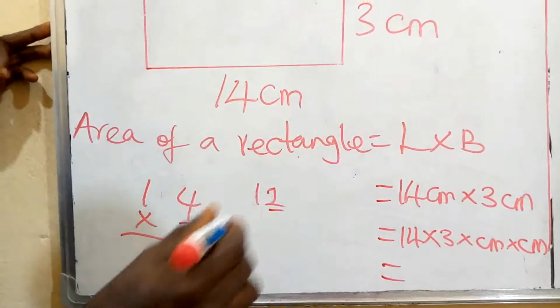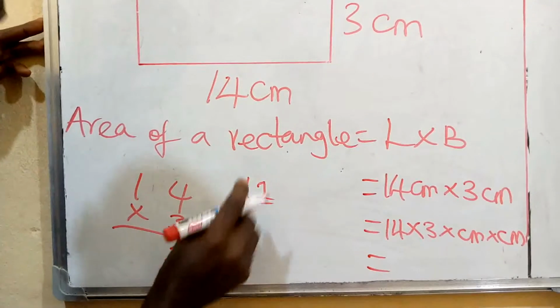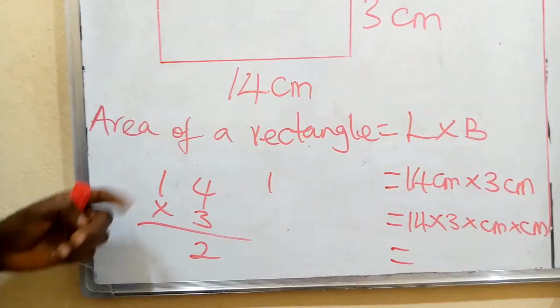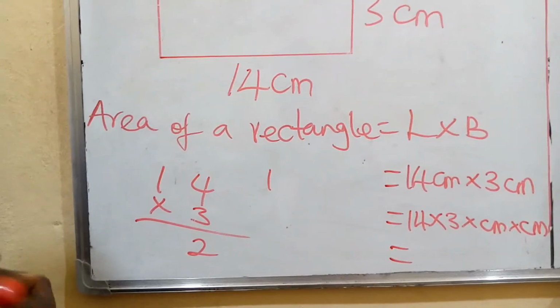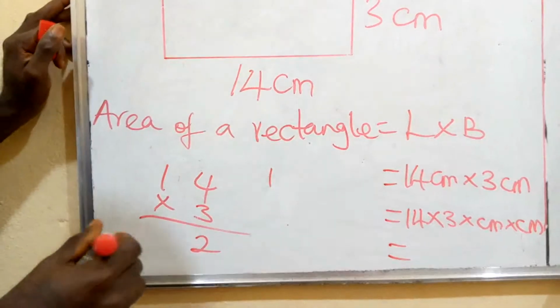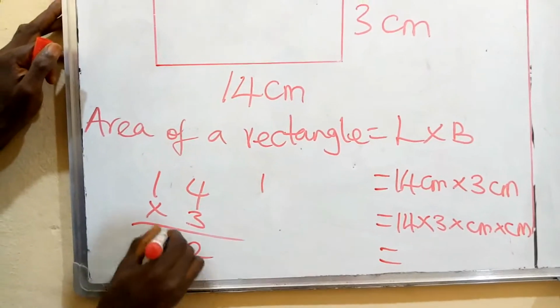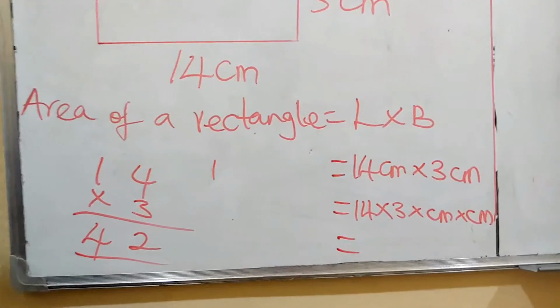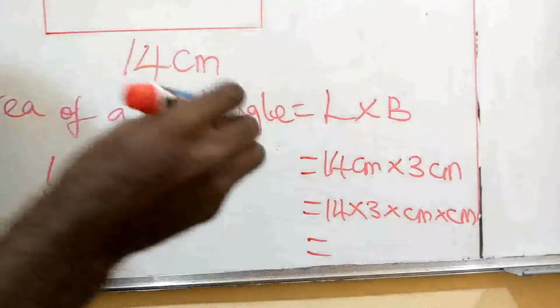So you write down 2 and then you carry over 1. Now we have 3 times 1. 3 times 1 is 3, plus the 1 you carried over, that makes it 4. So 14 times 3 is 42.